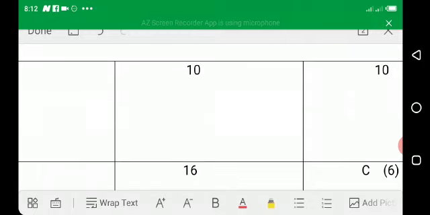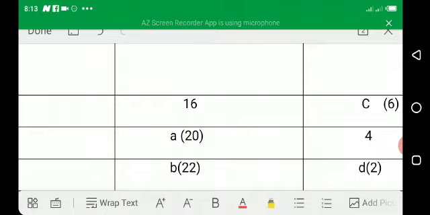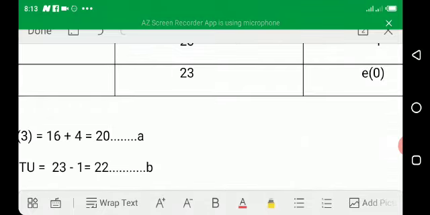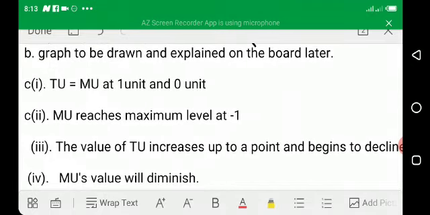At output 1 as well, total utility equals 10 and marginal utility is equal to 10 as well. Therefore, total utility equals marginal utility at output 1, that is 1 unit and 0 unit. Marginal utility reaches maximum level.